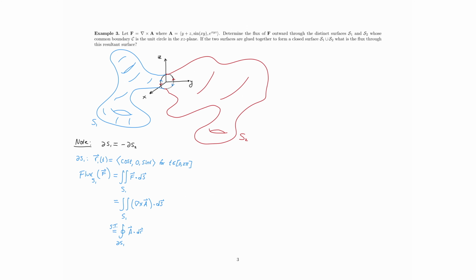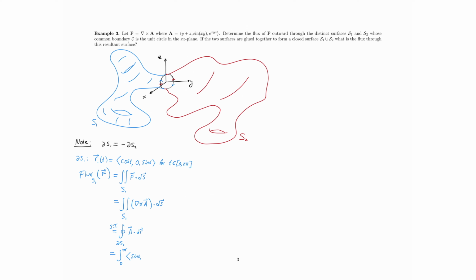And then we can go ahead and compute this as the integral from 0 to 2 pi. This would be our vector field A, but we would replace x, y, and z with the x, y, and z from our parameterization up here. So this would be y plus z, so this would be sine of t, 0 plus sine of t.